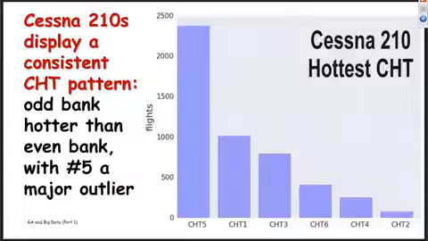And as you can see, cylinder number 5 is a major problem child in these airplanes, in the Cessna 210s. And in general, the even numbered cylinders, the ones on the left side of the engine, are very, very rarely the hottest cylinders. The hottest cylinders are almost always in the right bank, and most commonly cylinder number 5.